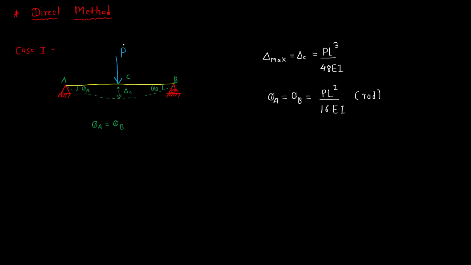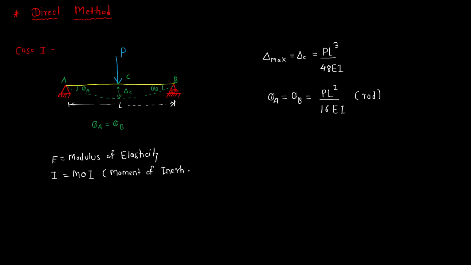P we already know, P is the point load. What is L? L is the span of the beam, so this entire length is the L value. 48 is constant. E and I are the properties of the beam. E is called the modulus of elasticity, and I is called the moment of inertia.